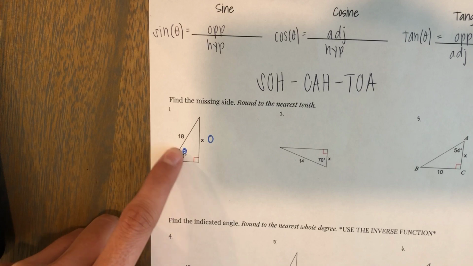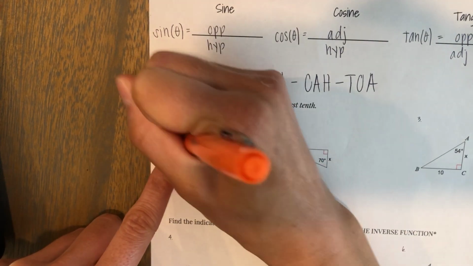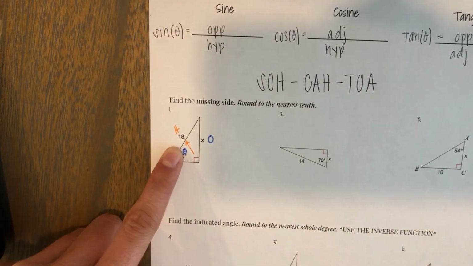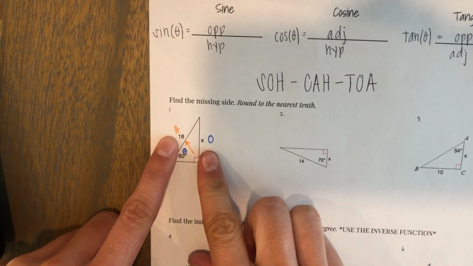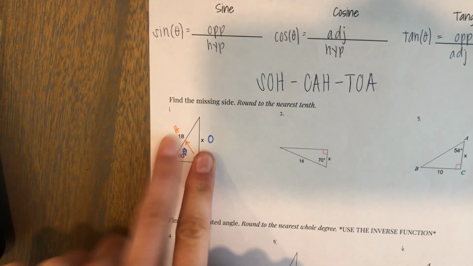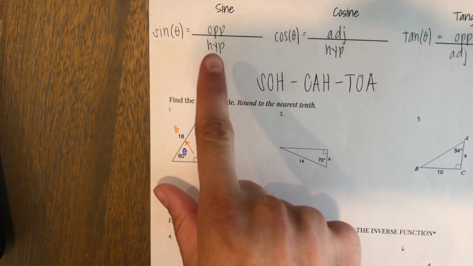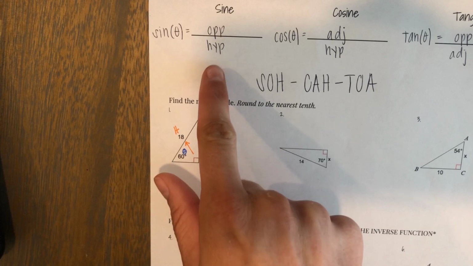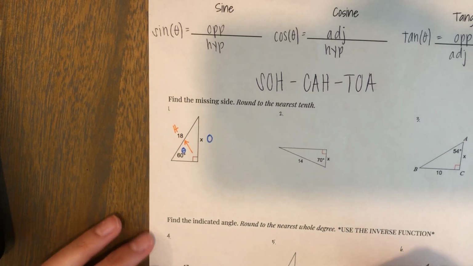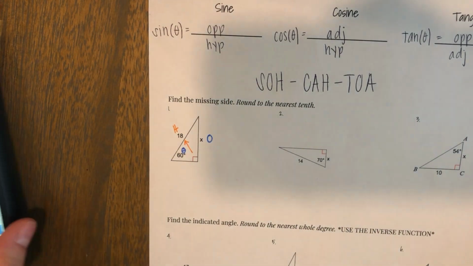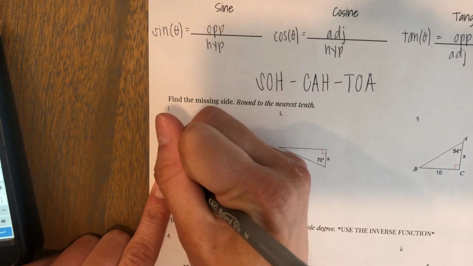And then directly across from the right angle, that's always your hypotenuse. So once you have those 2 sides labeled, you say, okay, which function uses opposite and hypotenuse? And that would be sine. That's how you know that you're going to use this function. And then you just plug everything in.